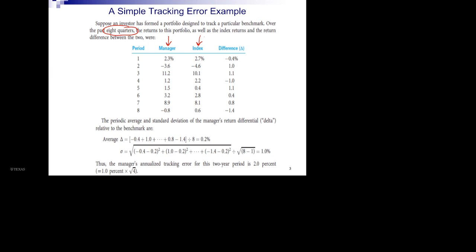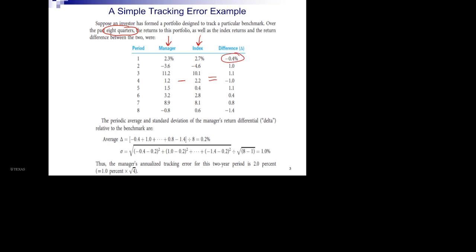So the first thing we want to do is to just difference the returns in each period of the manager versus the index that she's being judged against. So for instance, she fell 40 basis points short in the first quarter.